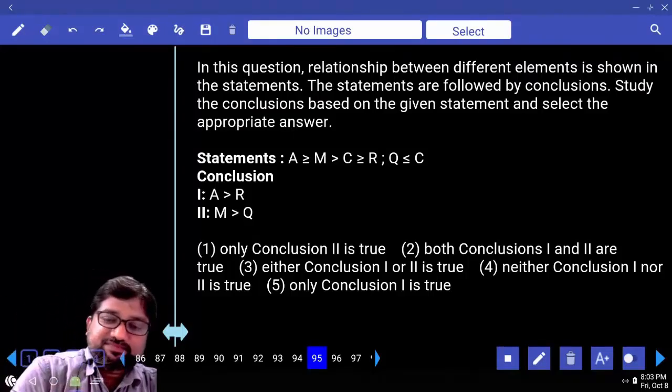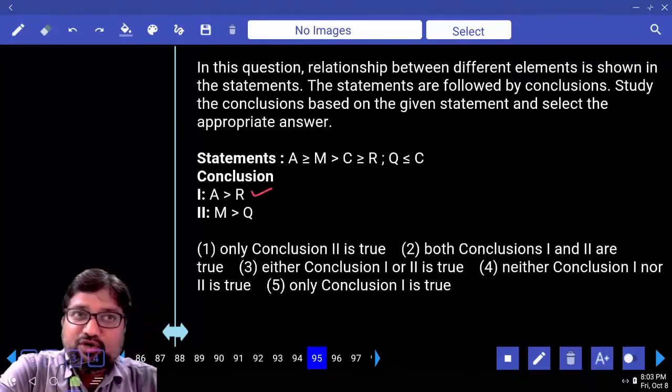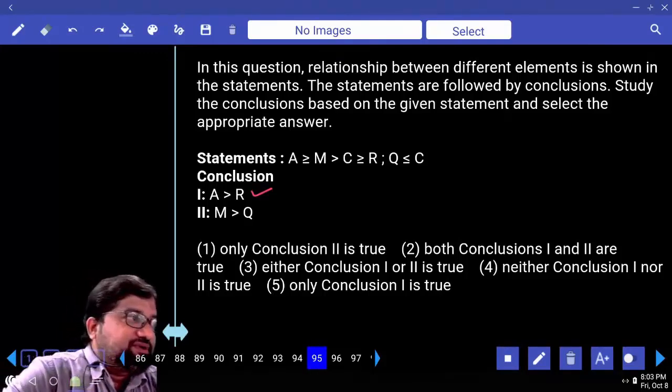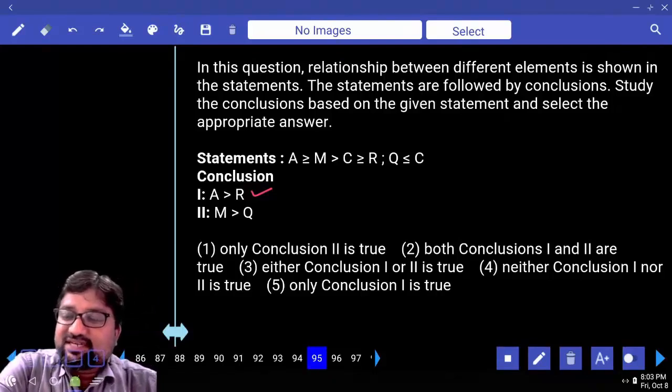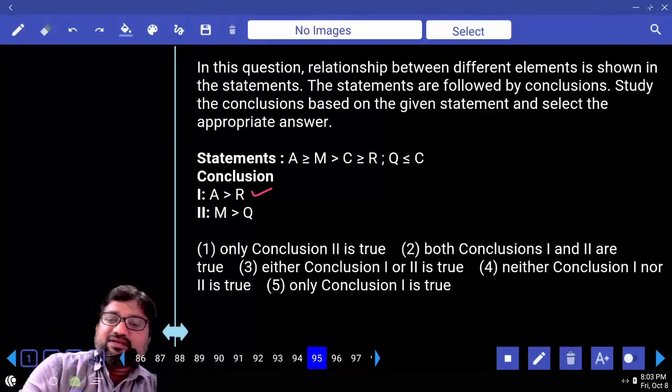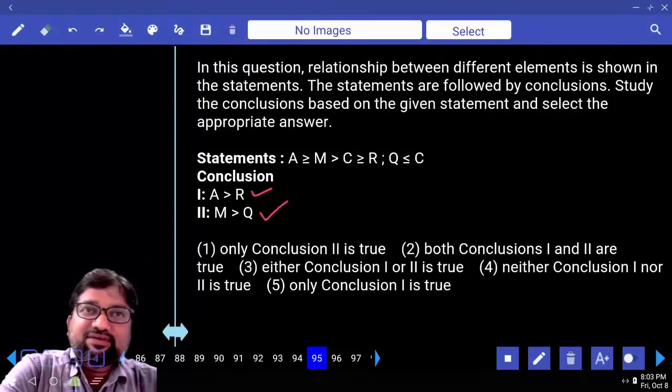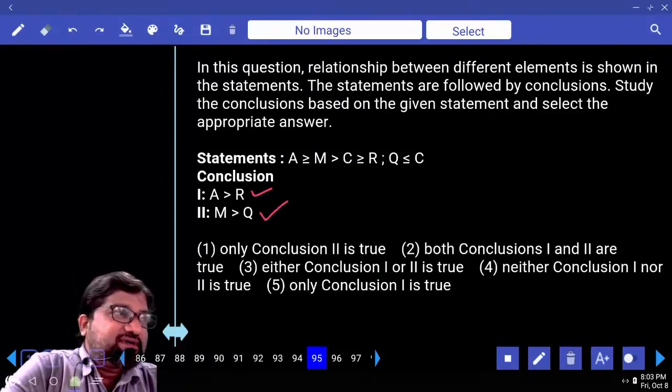Yes or no? Yes. M greater than Q. M greater than C. C greater than or equals to Q. M greater than C, C greater than or equals to Q. Greater than or equal to, conclusion is greater than. So your answer is M greater than Q. Yes? Everyone?